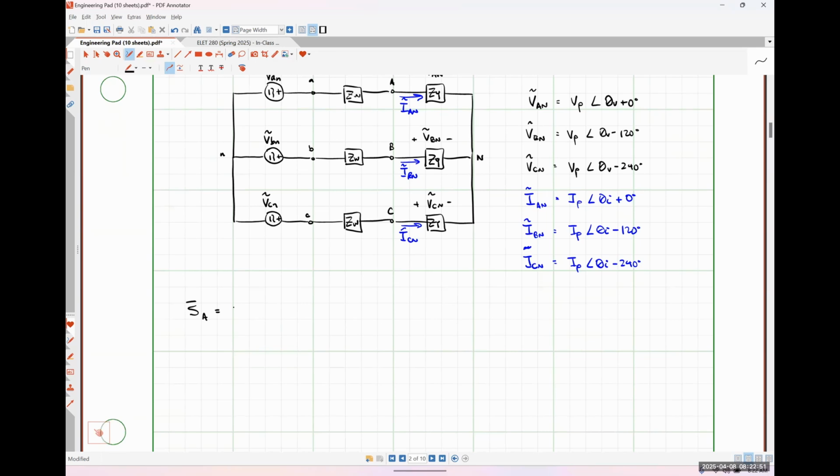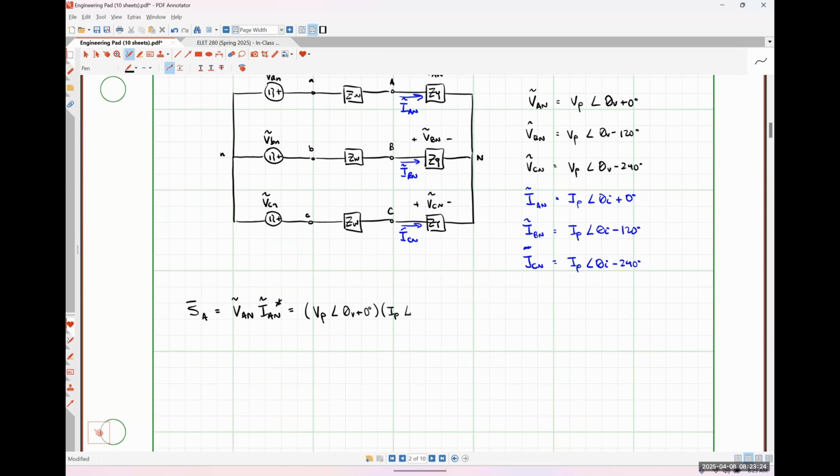So that would be simply VAN times IAN conjugate. Well, if I substitute in my values for this, that's going to look like VP with an angle of theta V plus 0 degrees multiplied by IP with an angle of, so I need to flip the sign.